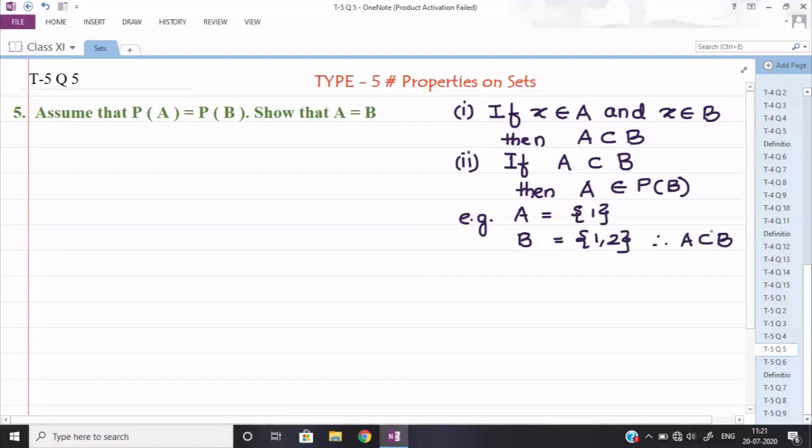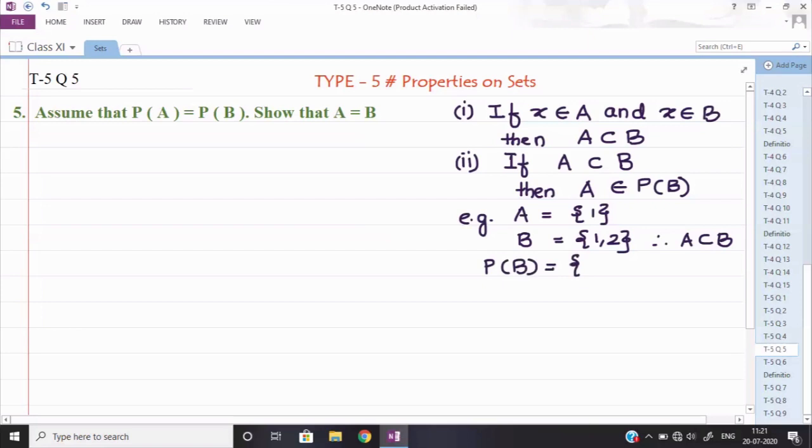So the given criterion is over. Now we have to judge the result. Suppose I write down the power set of B. You know it, I have explained it earlier. Power set means the collection of all subsets of a given set.